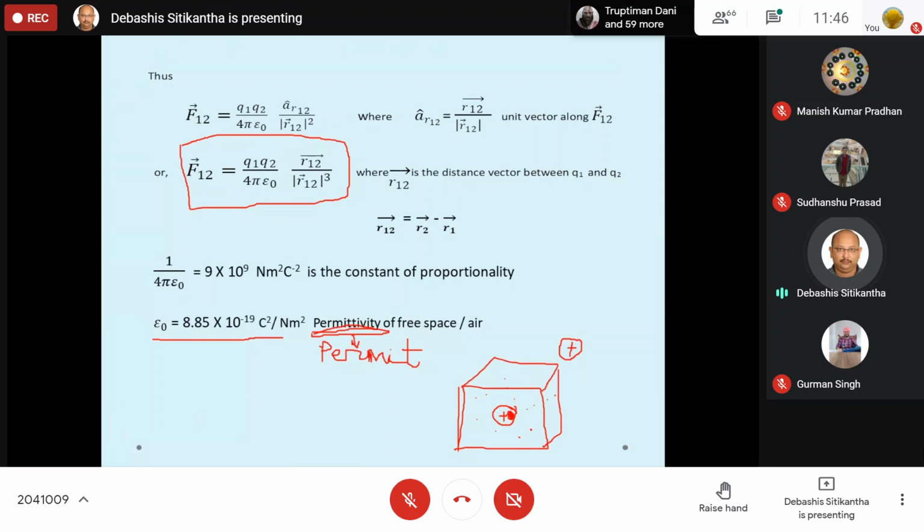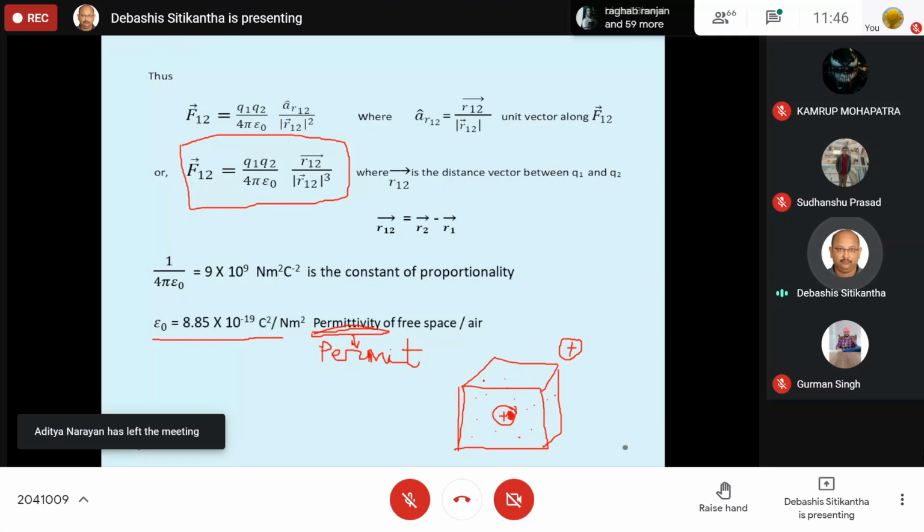Wherever you try to find the electric field, you will feel a stronger field. That means it is the medium which gives permission, or permit, to create an electric field.